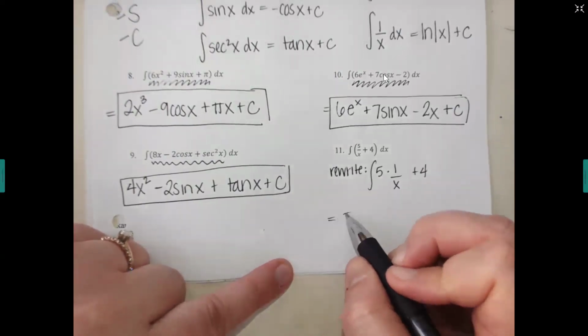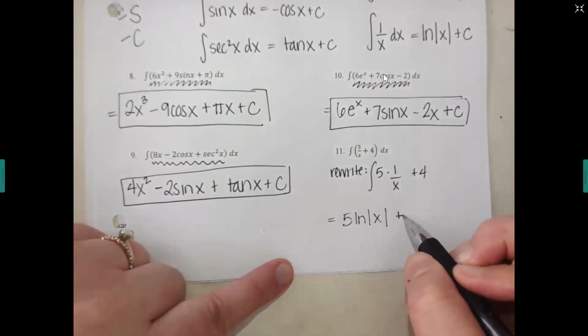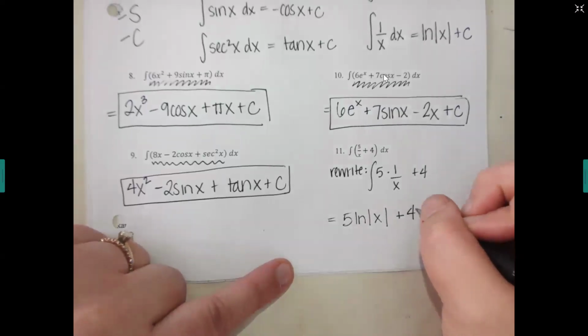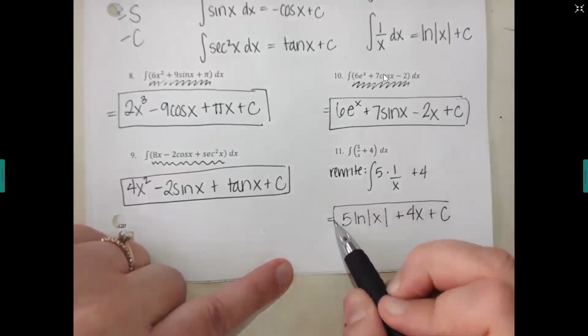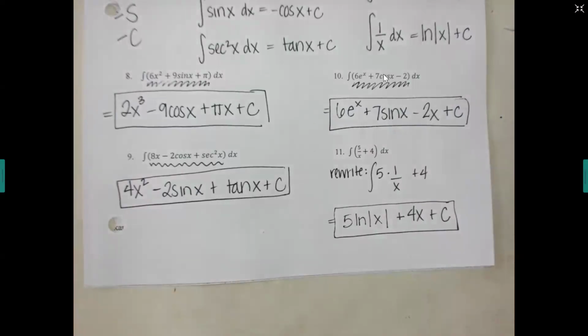So it would be 5 ln x plus, and then what's the antiderivative of the 4? And then plus c. Very good. Okay, also remember, technically, your ln does need to be in bars for it to be correct.